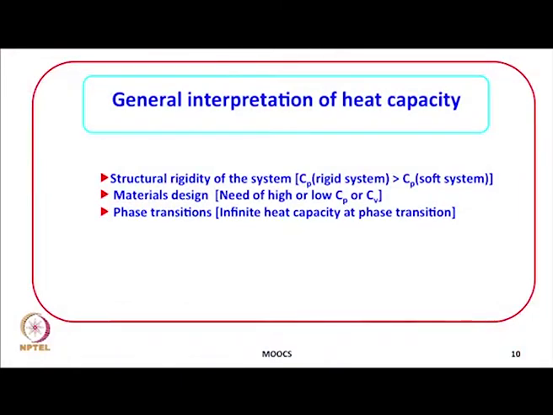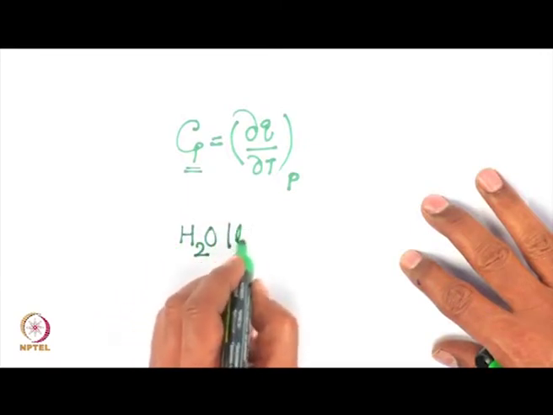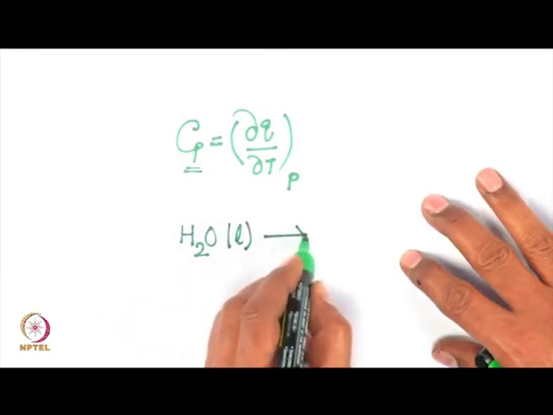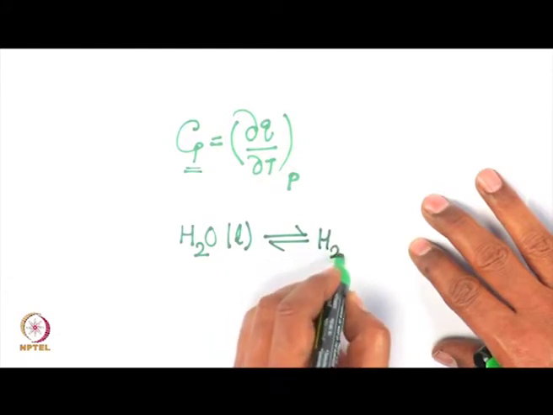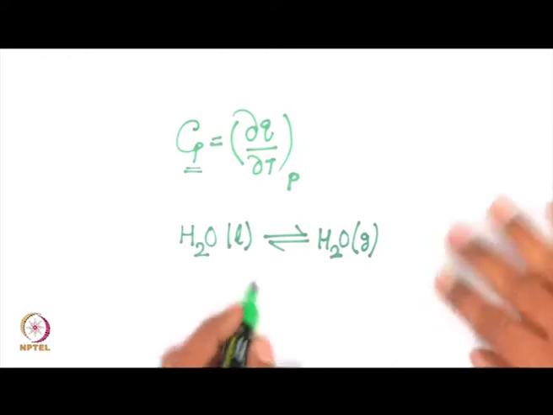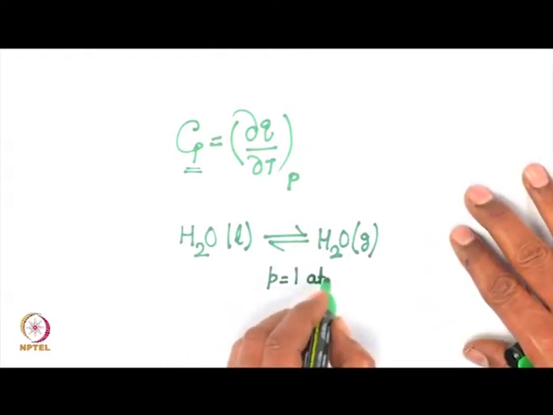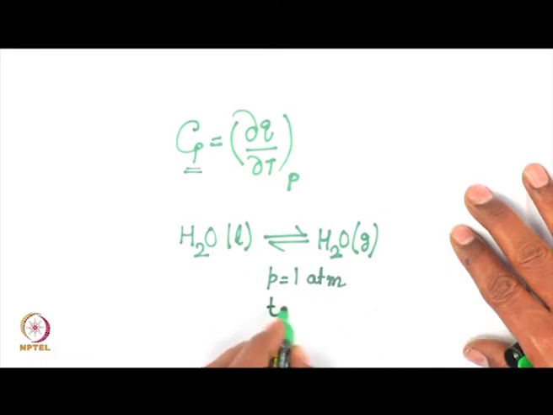Phase transitions. Again, if we look at this definition, a phase transition can be, let us say, water liquid to water vapor at 100 degrees Celsius and 1 atmosphere. Let us say P is equal to 1 atmosphere and temperature is equal to 100 degrees Celsius.